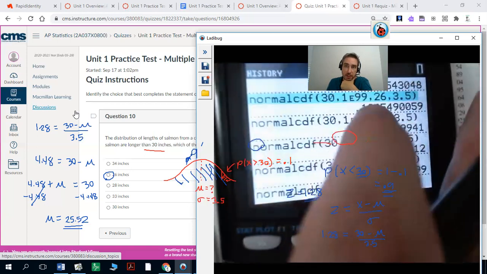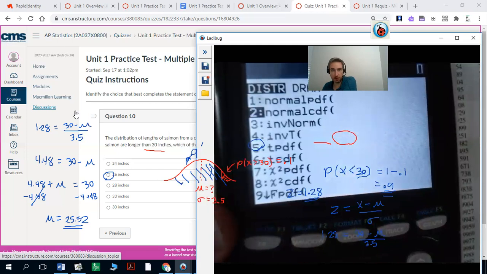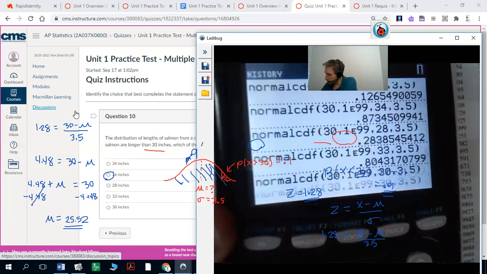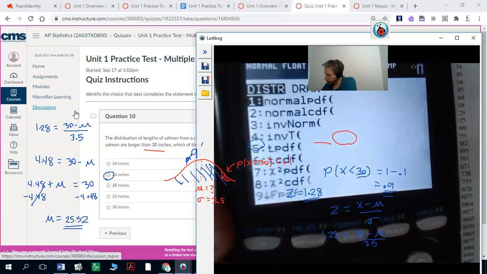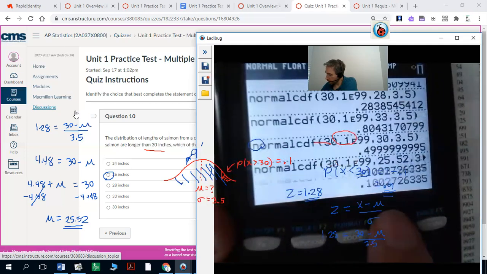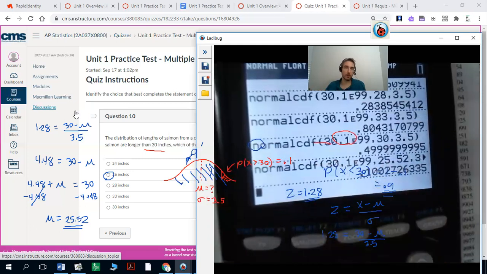So 26 is still the closest. And you remember how we got the answer of 25.52. So if we actually change that to 25.52, that would get us 10%. Okay, but this rounds to 26 because they're giving you whole numbers.